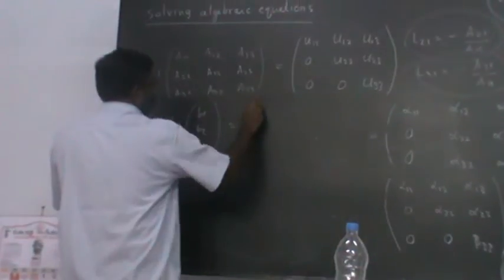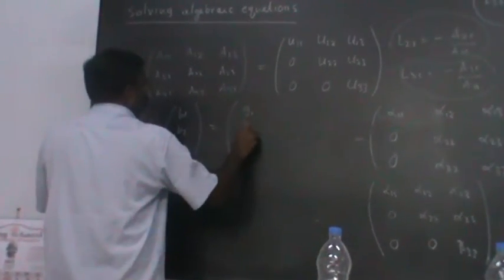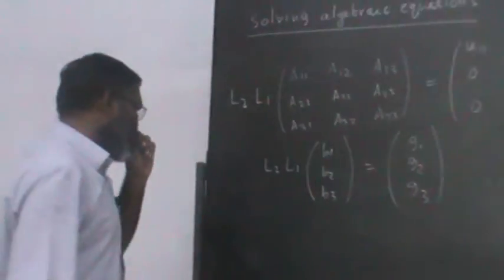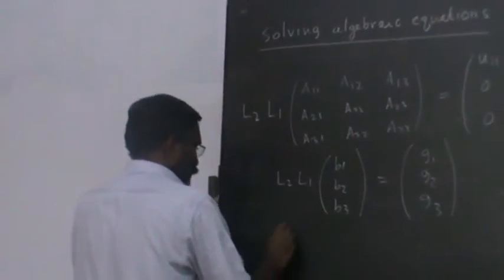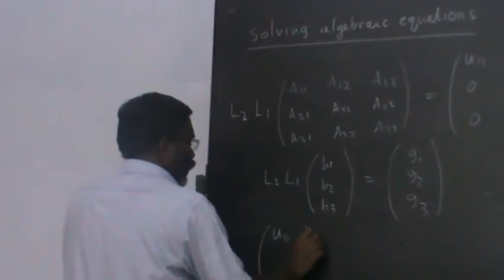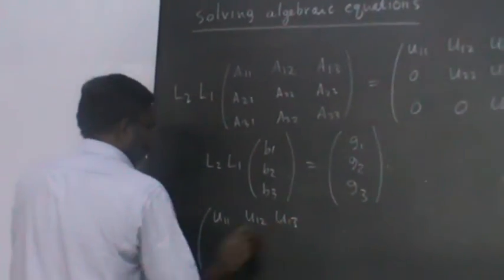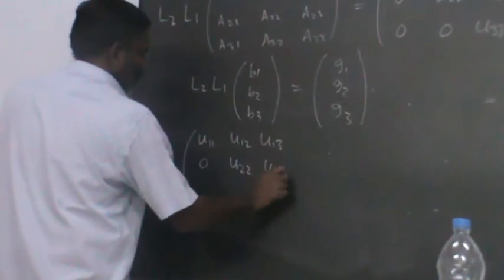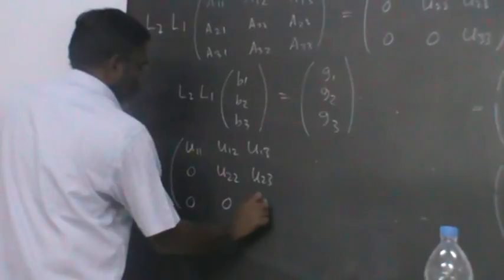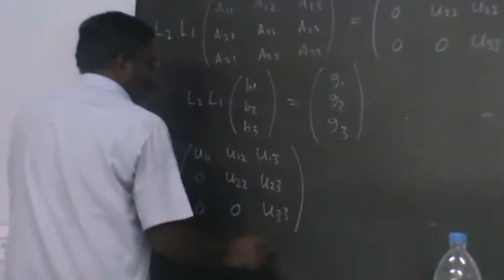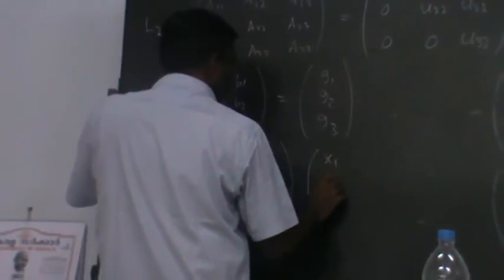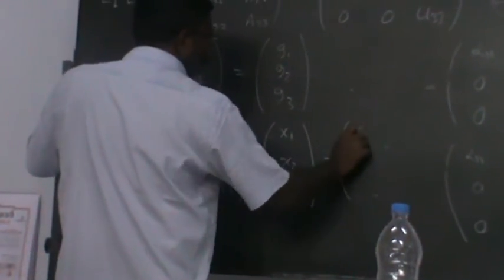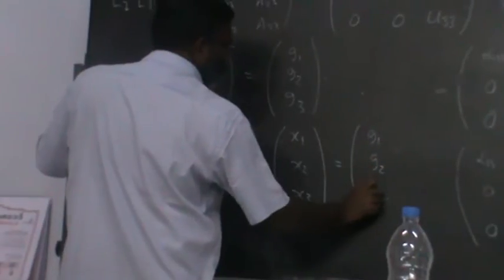Let us call this G1, G2, G3. So what I have to now solve is this equation: U11, U12, U13, 0, U22, U23, 0, 0, U33 on x1, x2, x3 is equal to G1, G2, G3.